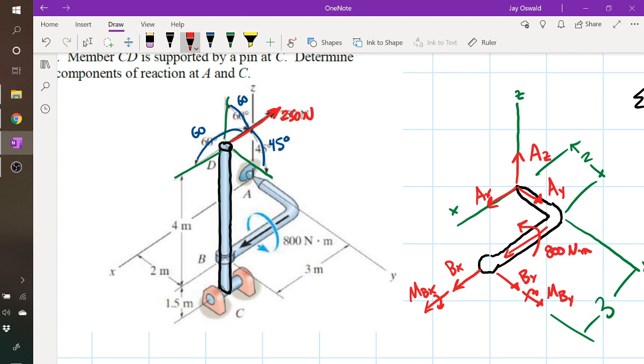Now we have to take all the loads that we had at B and just flip them, right? So we'll have a BX and an MBX and a BY and an MBY. And what about C? Smooth pin. I think it's called a smooth pin. Yeah. So the easiest way to do this is to say, well, which way can it move?